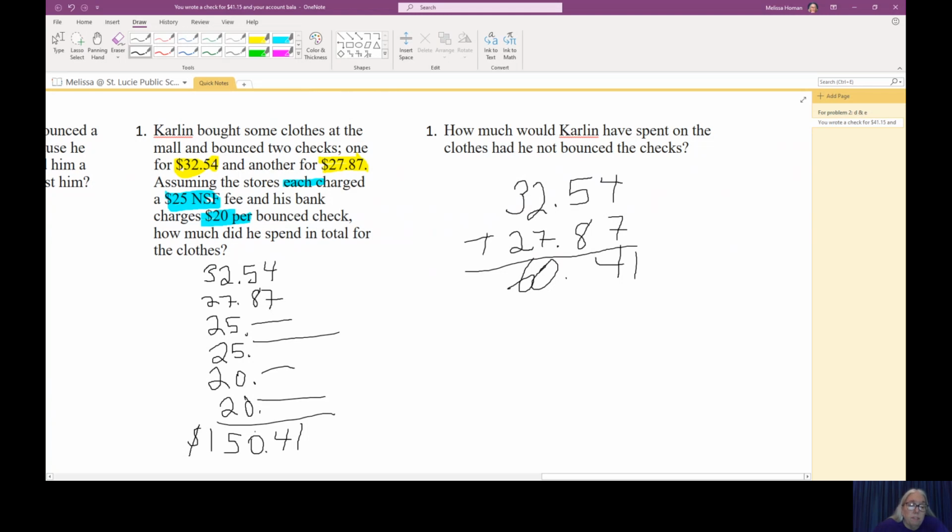Notice $150 is more than 2 times $60. $60 twice would be $120, and you'd have to have $30 more to get up to $150. So when you look at these numbers, ask yourself the question, which would you rather pay? $60.41 or $150.41?